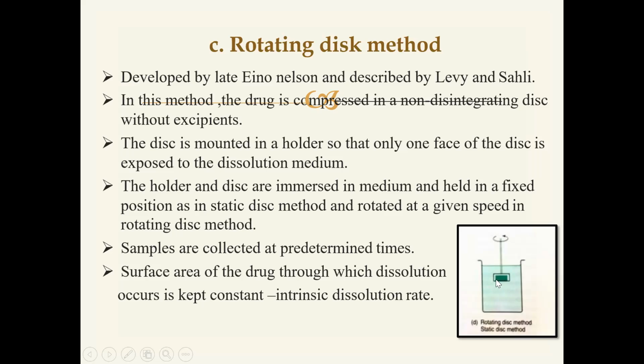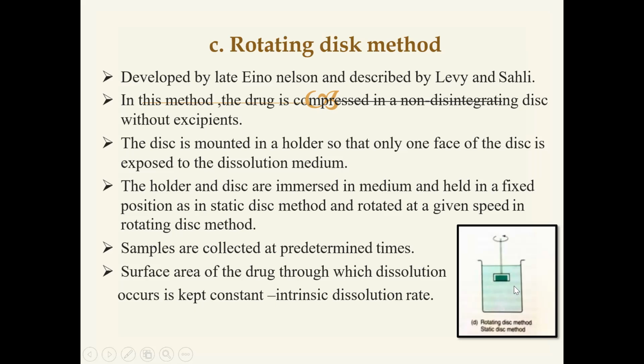The rotating disc method is one of the most accurate methods. This is used to determine the intrinsic dissolution rate of solid dosage forms, so here we are making dissolution rate measurements.